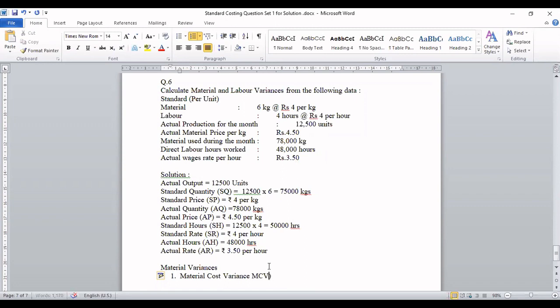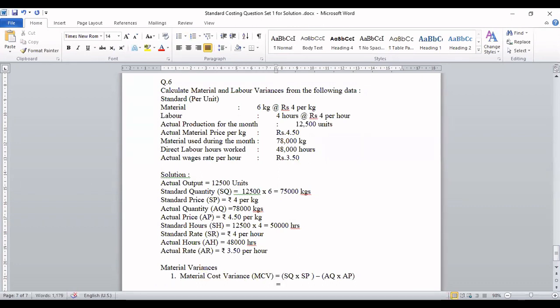Tell me the formula. Standard quantity into standard price minus actual quantity into actual price. Is this clear, everyone?